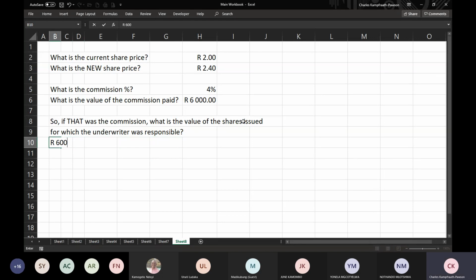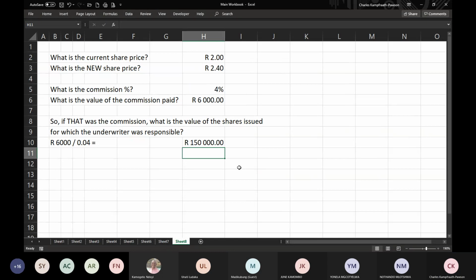So you'll take the 6,000 and you'll divide it by 0.04. So 150,000.